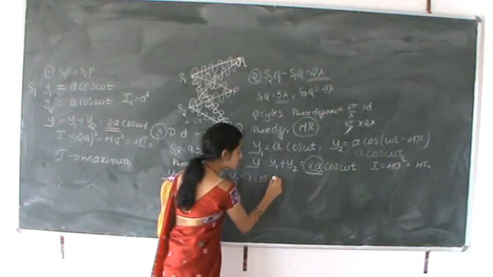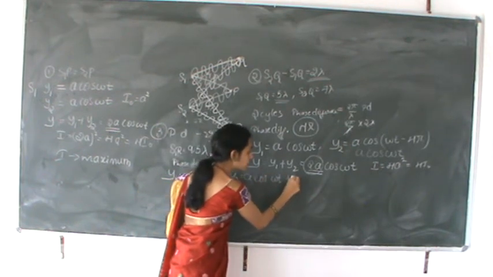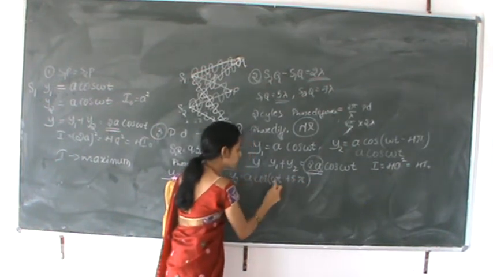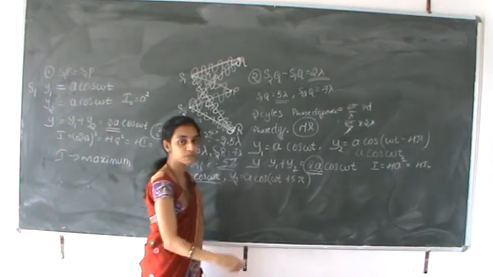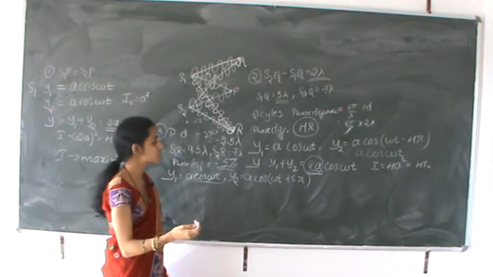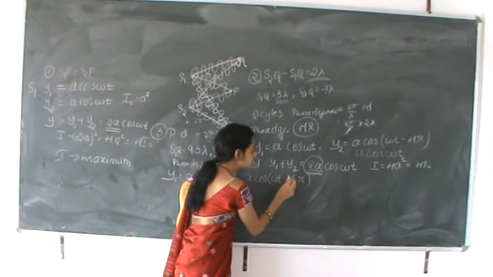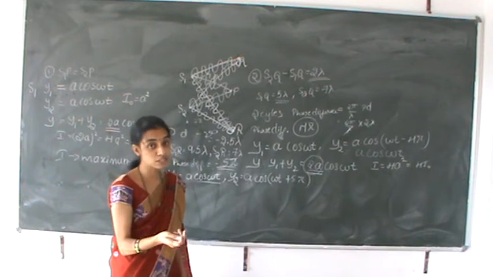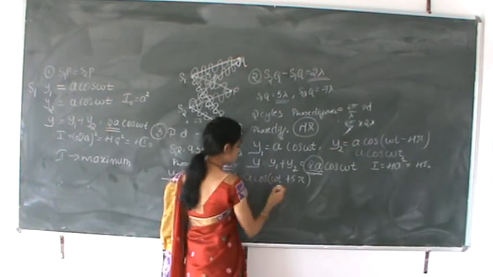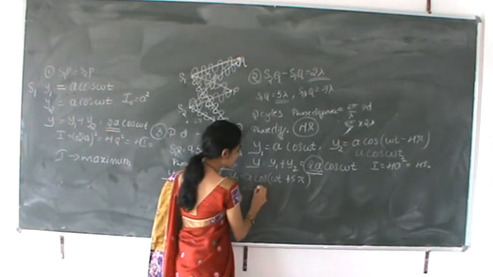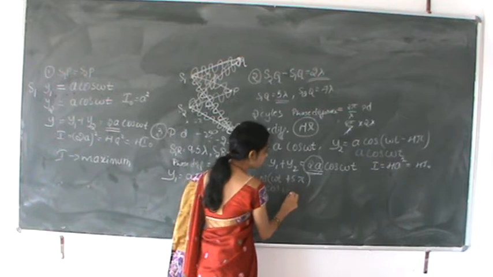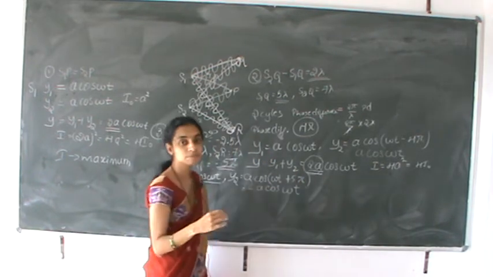So cos omega t plus 5 pi. You know the standard trigonometric variation: cos plus pi is nothing but minus cos. So the value is minus a cos omega t.